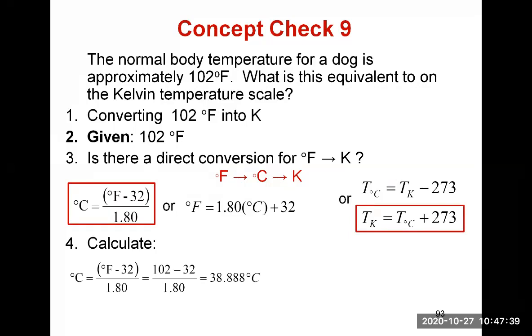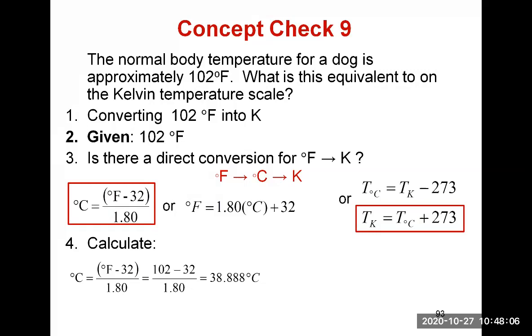In the calculator, make sure you do the subtraction before you divide by 1.80, which means you do 102 minus 32 equals, or you do open parentheses 102 minus 32 close parentheses. Then divide by 1.80. Make sure you have the subtraction done before you divide.